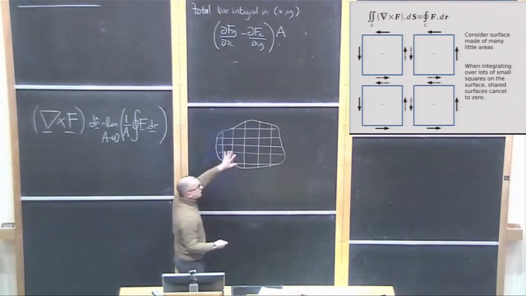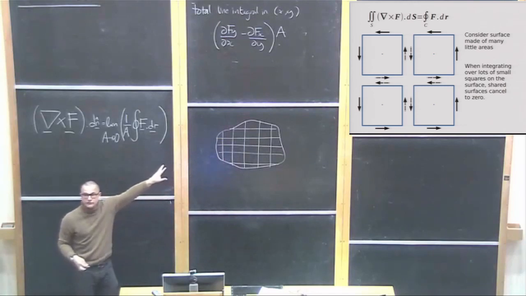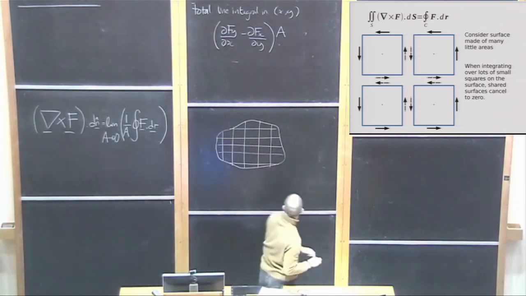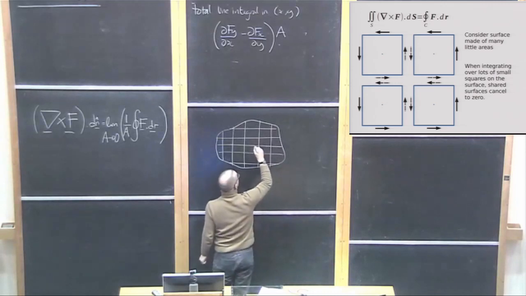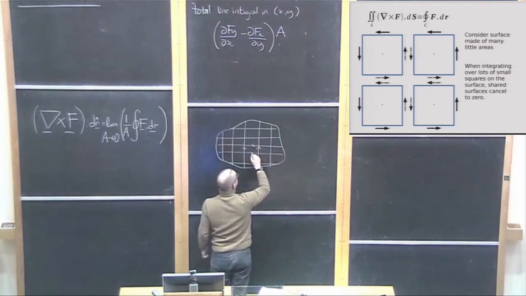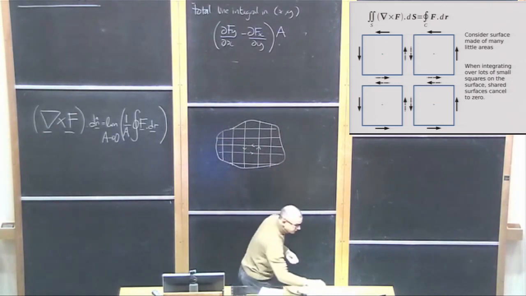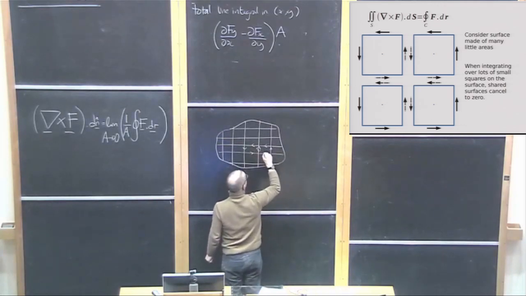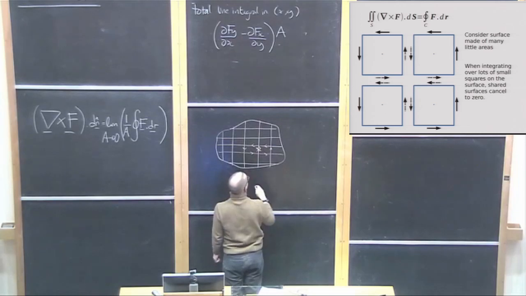And then imagine that I've done this in the limit where each of these squares has become infinitesimally small. For this particular square here, my line integral is like this, but for the adjacent square here, my line integral is like this. So these two cancel each other out.